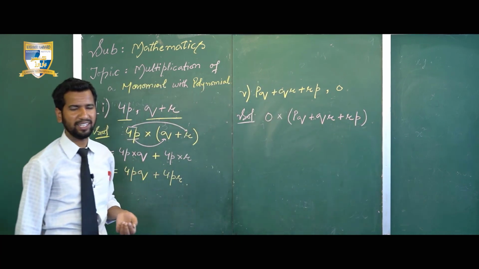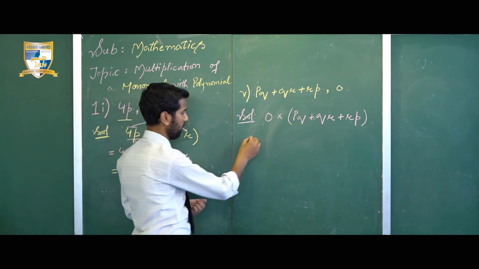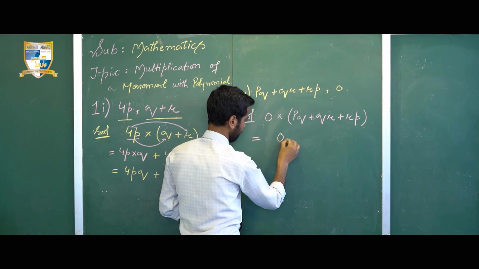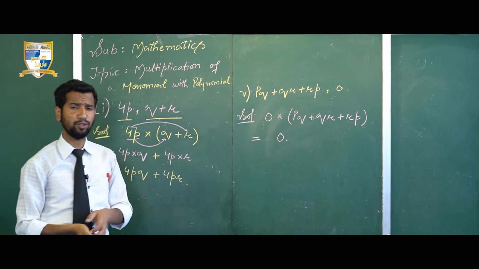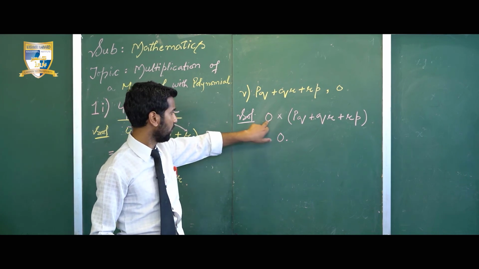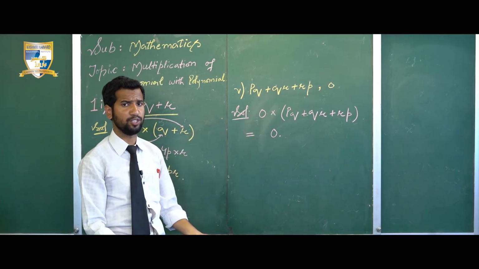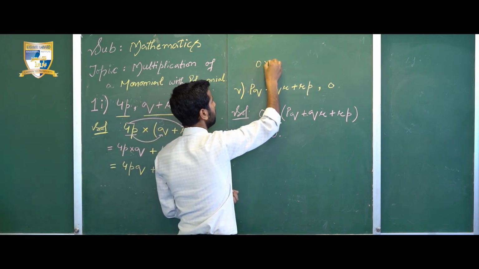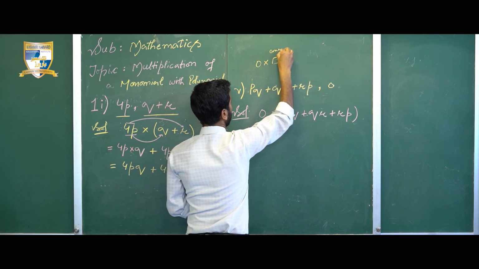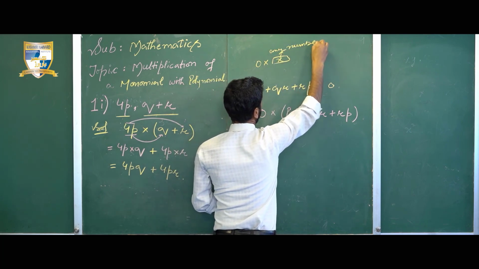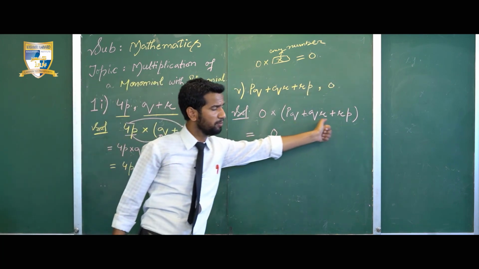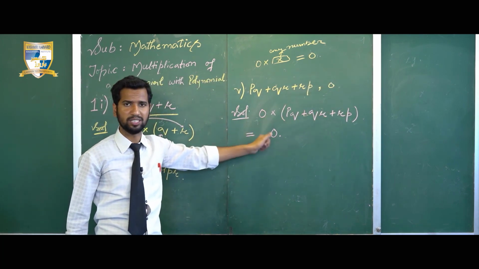Now you all know that anything multiplied with 0, the result will be 0. So whenever you are going to multiply any number with 0, the product will be 0. So anything multiplied with 0, the result will be 0. 0 into any number here, x, the product will be 0. So 0 into this trinomial, it will be equal to 0.